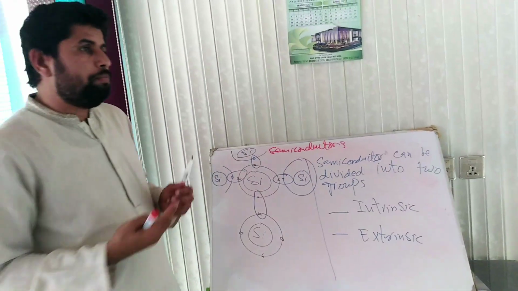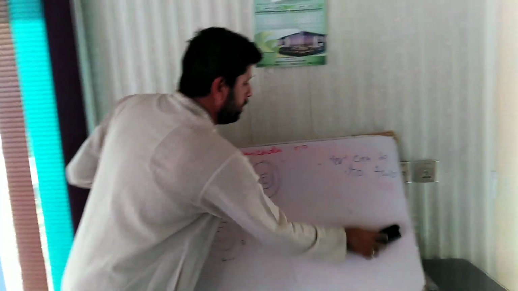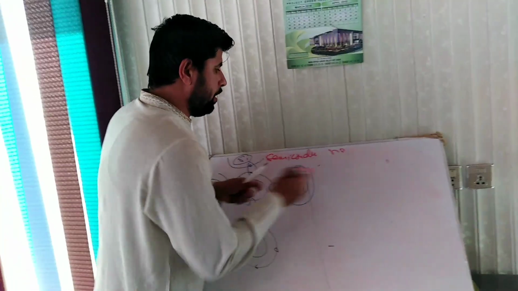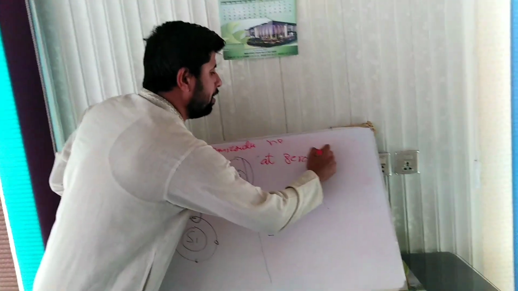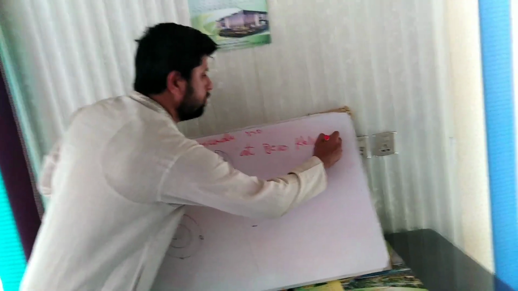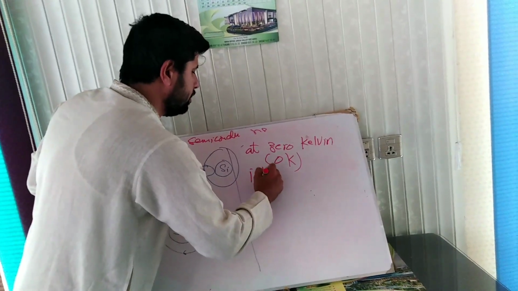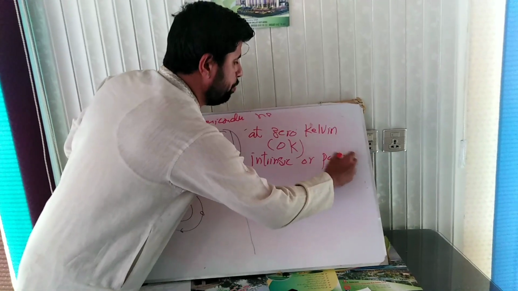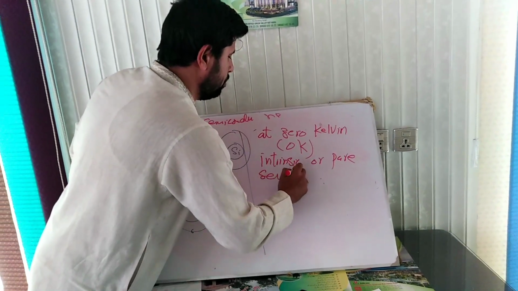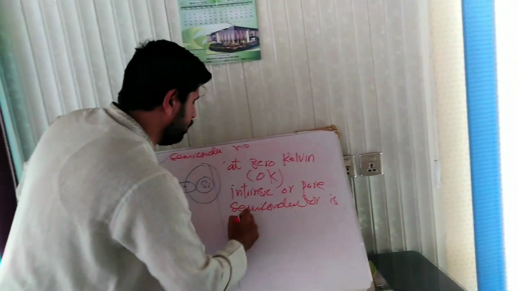At 0 Kelvin, an intrinsic or pure semiconductor is an insulator.